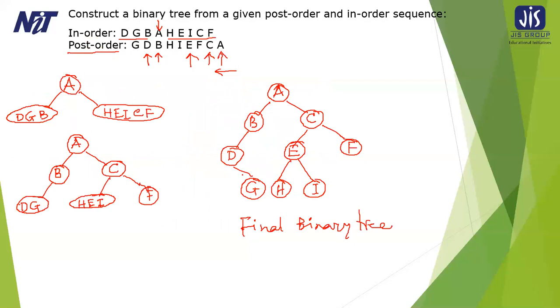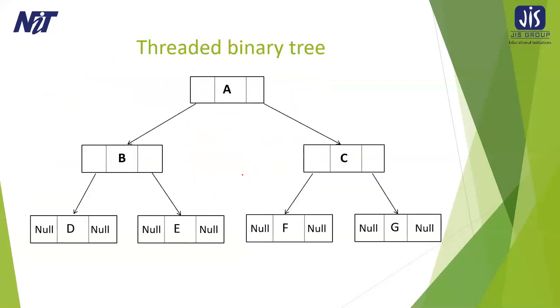So next we'll learn what we mean by threaded binary tree. Before starting the threaded binary tree, we already know how we can represent a binary tree with the help of a linked list. So this is the node.